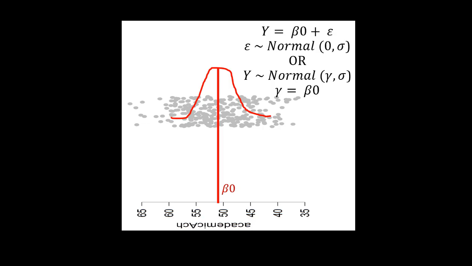The reason is that I use graphs as a means of communicating ideas. The idea I wanted to communicate is that academic achievement is the y variable in a more complex model, the dependent variable, the outcome variable.